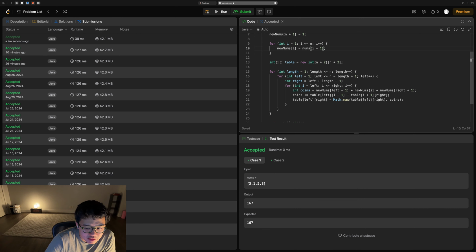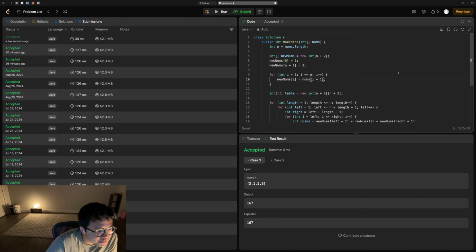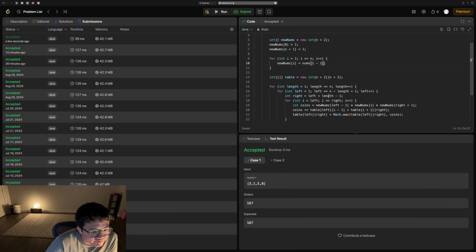n minus length plus 1. Why would we do that? The reason why we do that is to keep the left bound within the length of the subarray. So the first one, this won't even run the first iteration because n will be 3.